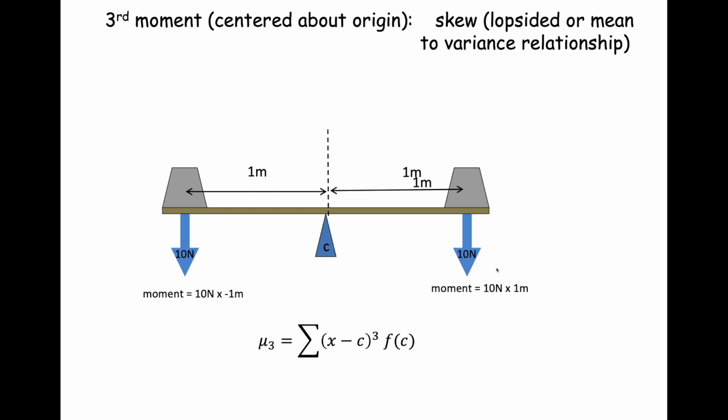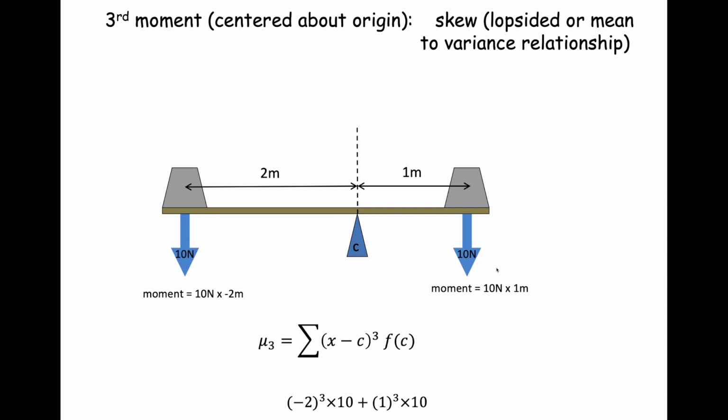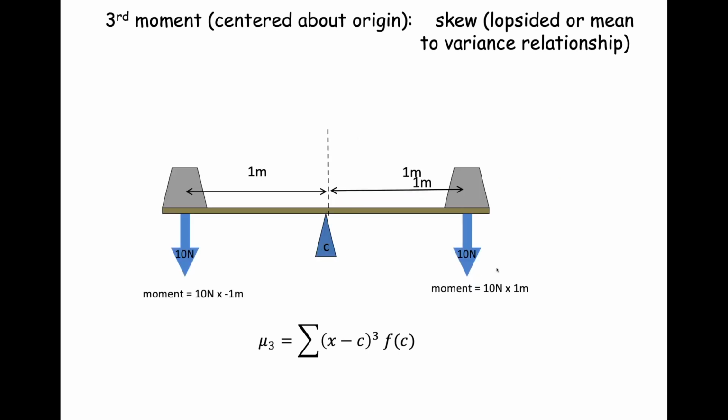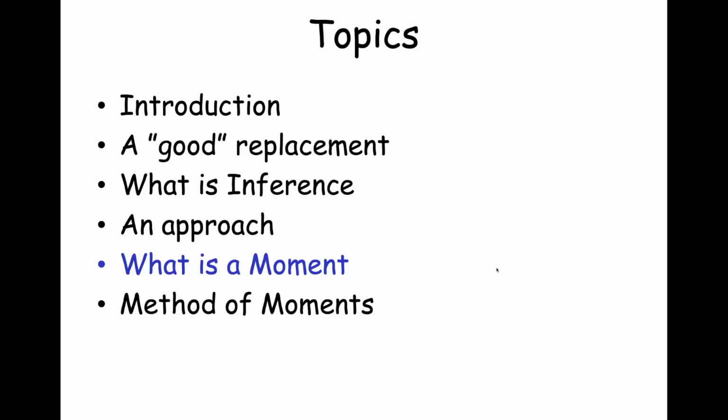So in the previous case, because it skews negative, it's going to tend to tip to the left. Left-hand side is going to be closer. And so here, the skewness tells us about lopsidedness, and the physics coincides perfectly with the statistics.